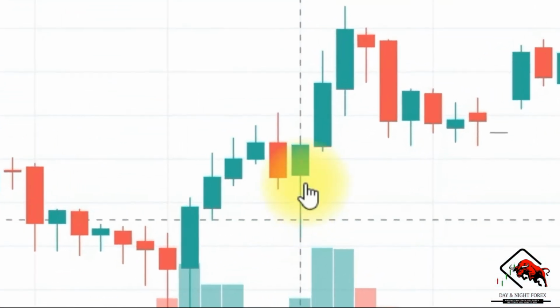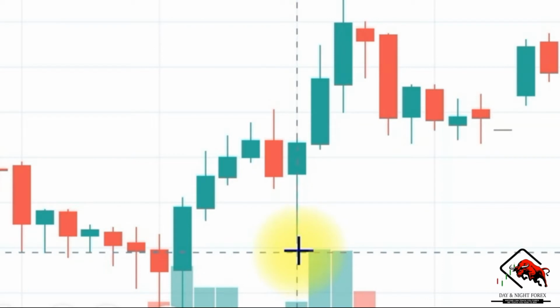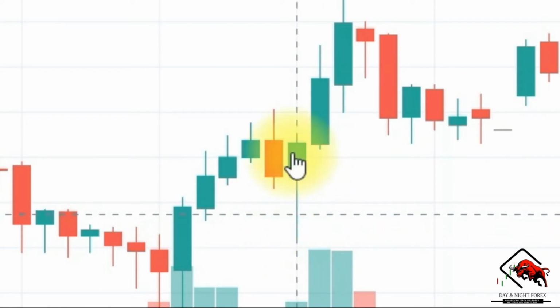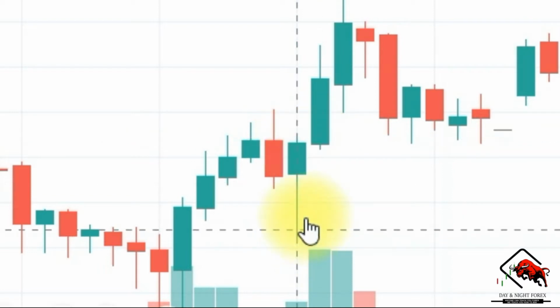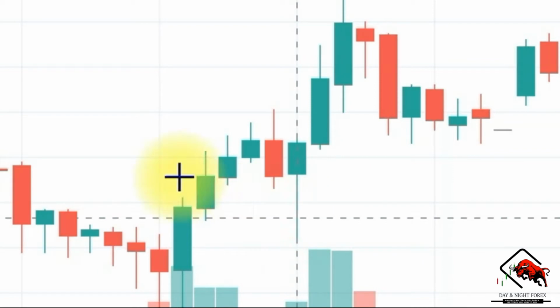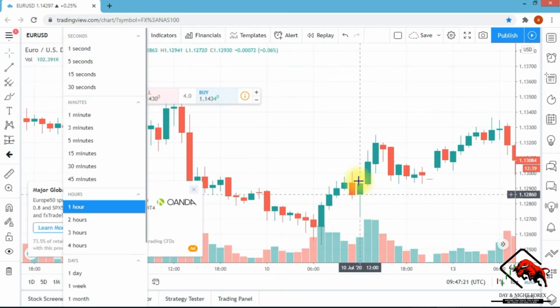For example, this candle opened right here, the opening price, then it went down all the way here, and then it retraced, leaving a tail, or what we also call a wick, and then it closed somewhere above here. To understand what actually happened at this point in time, you can go down to a smaller time frame and look at the specific candlesticks, and you'll be able to see the patterns that formed, and how it created this support and resistance. That's why it turned around and all the stuff.